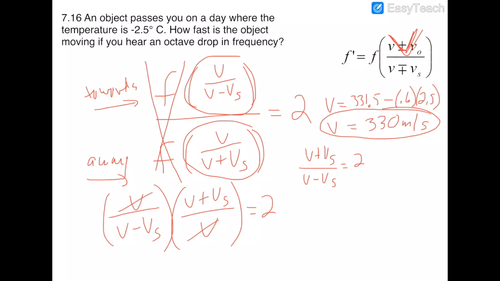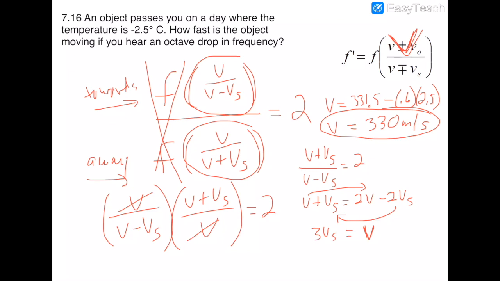I can multiply this bottom part up here by the 2, and I would get V plus Vs equals 2V minus 2Vs, right? And then I could combine the Vs. I could take this V over this side, and I could take this minus 2Vs over here, and I get 2V minus V would be a V over here, and then I'd add this 2Vs over here, and I'd get 3Vs, right?